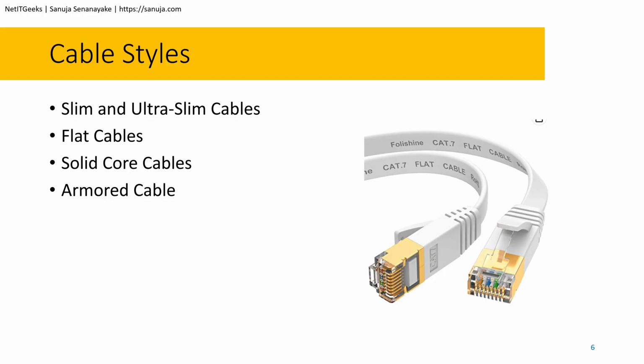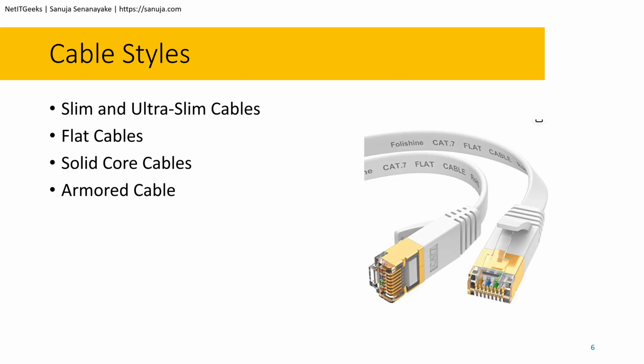But solid wire cables are more long lasting in the spaces where you don't need that flexibility. For example, for horizontal cable runs, it is suitable to use solid core cables.